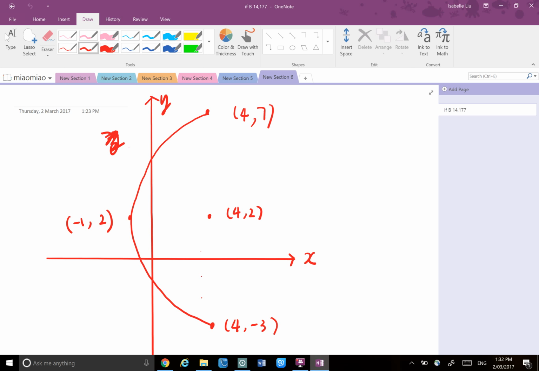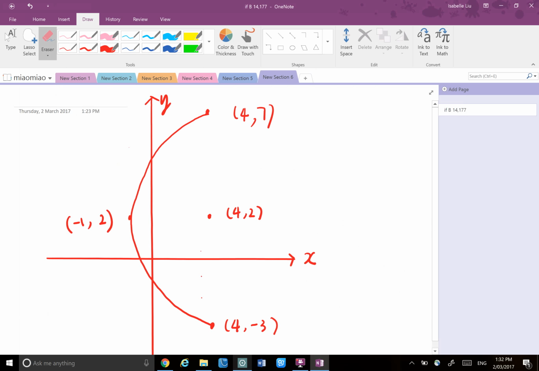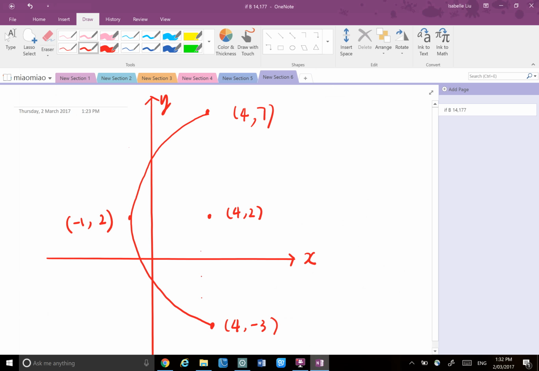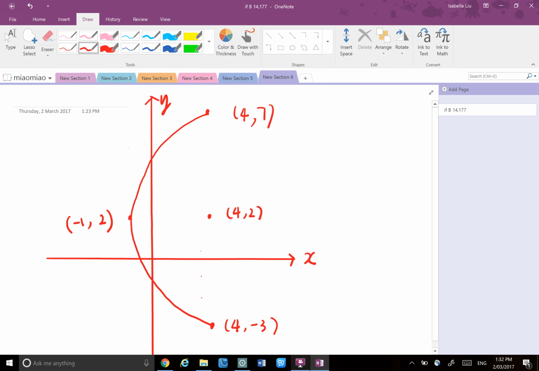I have this half circle here, and I want to work out the equation for this half circle. Okay, work on this a minute.